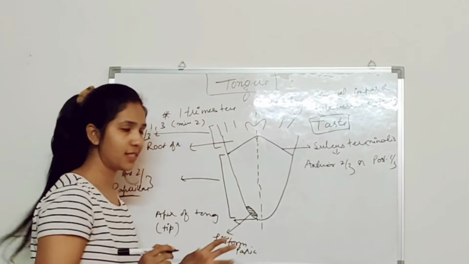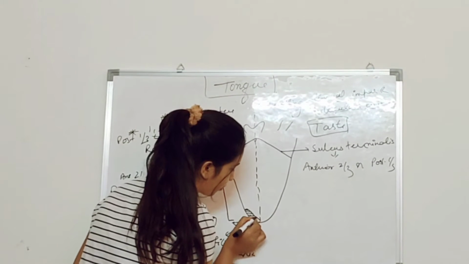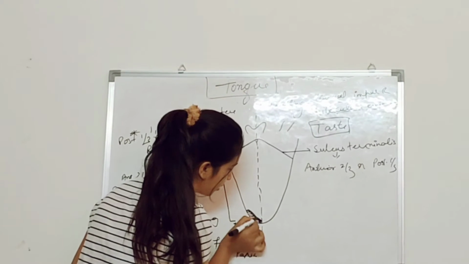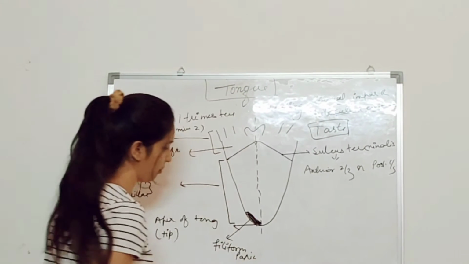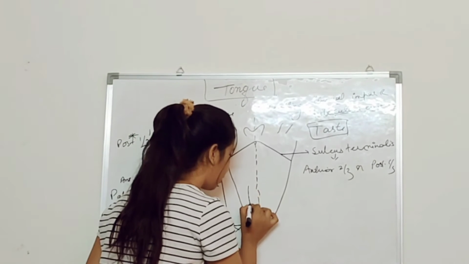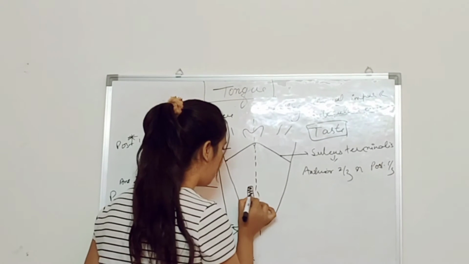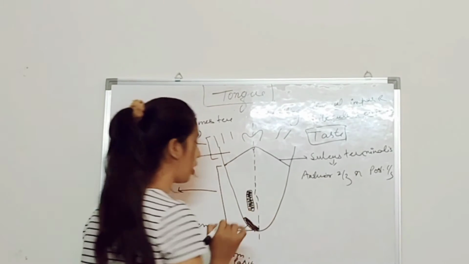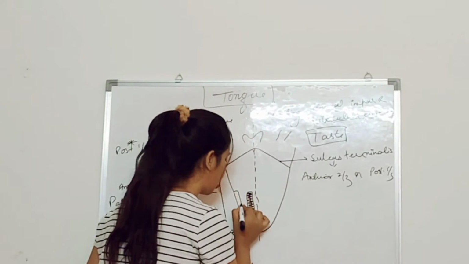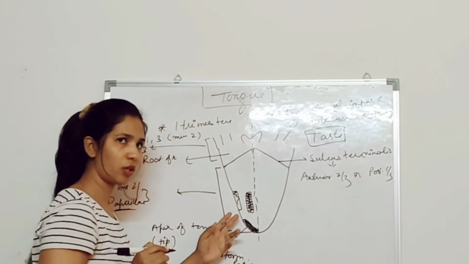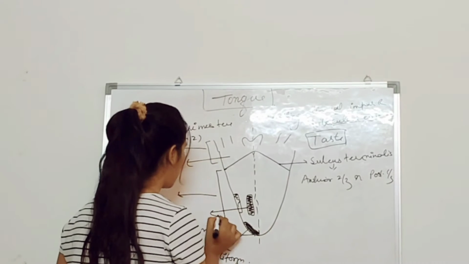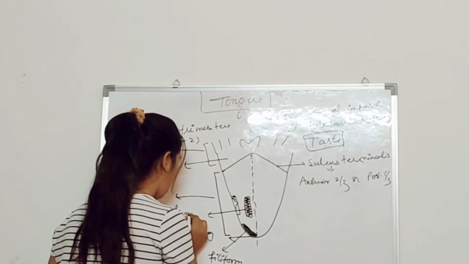So over the lateral side of the tongue, from the tip to some lateral side, we have this filiform papilla. And we have the mushroom shaped papilla present around this median side or the lateral border. It can be present on the lateral border over the median. These are known as the fungiform papilla.